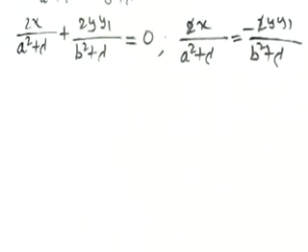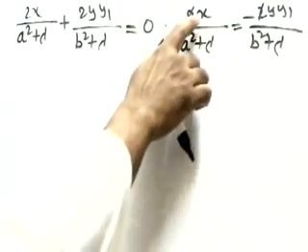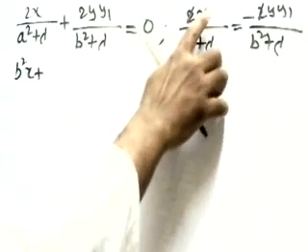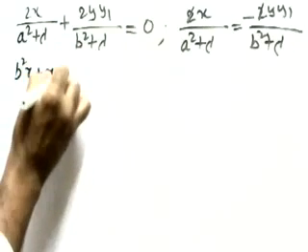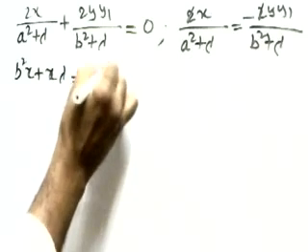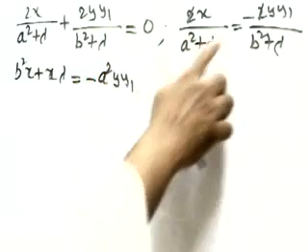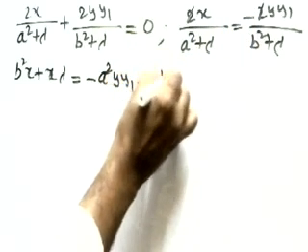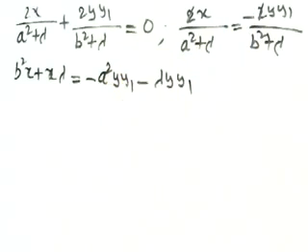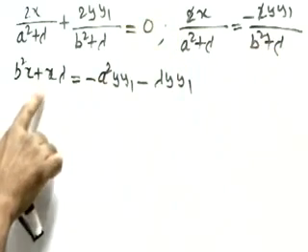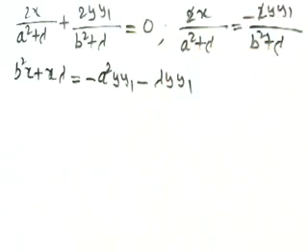Now let me cross multiply this one. See here, if we cross multiply, x into b square plus x into lambda, that is x lambda, equals minus a square y1 minus lambda y1. What we did here, we cross multiply b square plus lambda with x and this with minus y1.